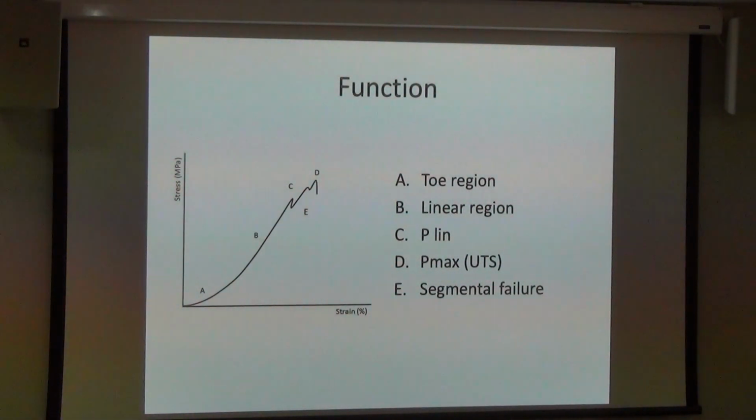And the tendon will behave in a predictable way each time until we get to P linear, and that's the maximum strength of the tendon before you start getting what traditionally you'd get plastic deformation or failure.